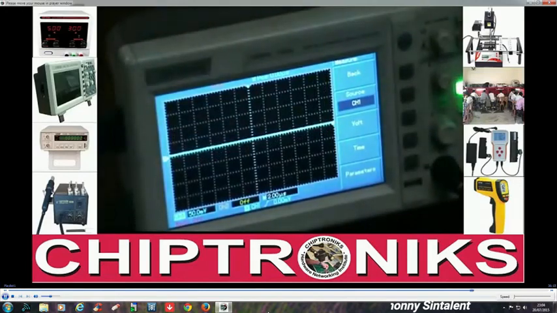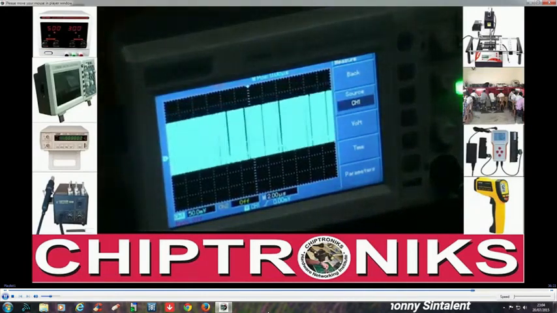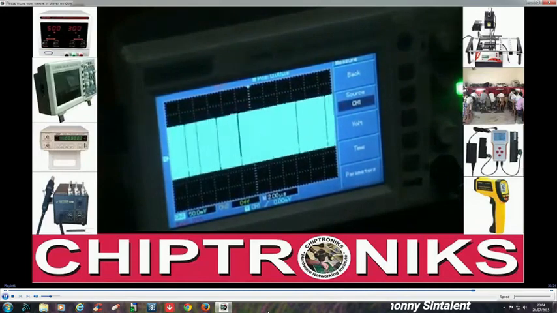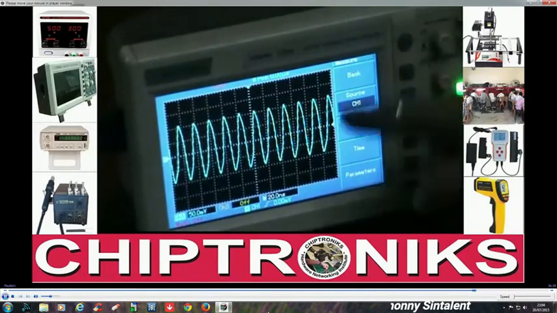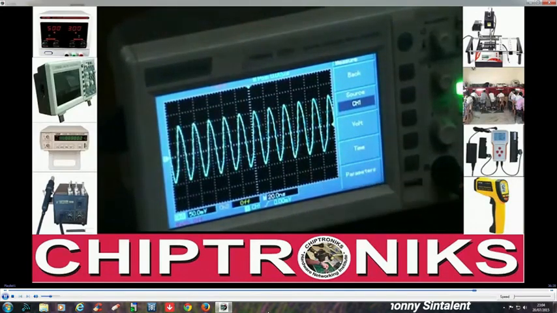and here we check pin number 6, clock. Now here you see the clock cycle. This is the proper clock cycle.